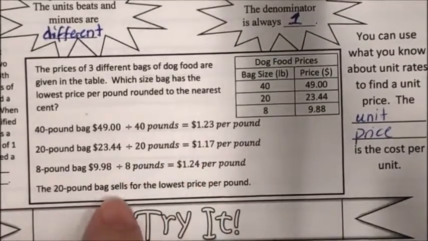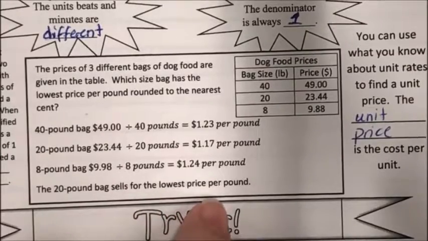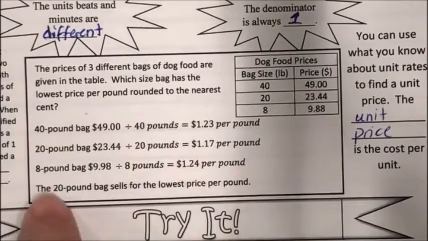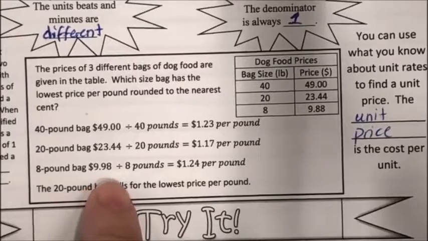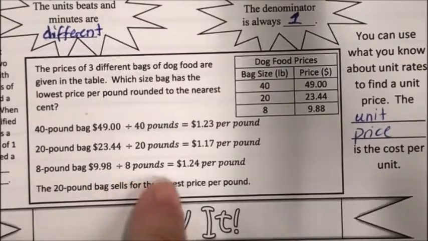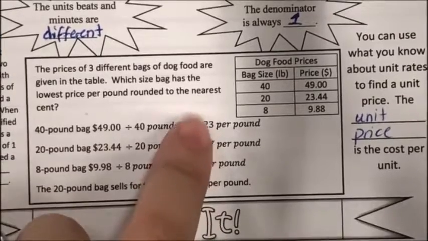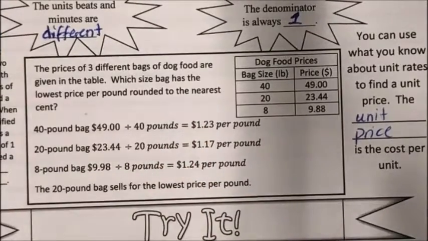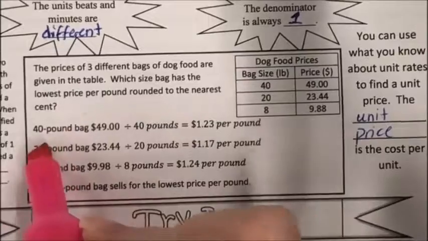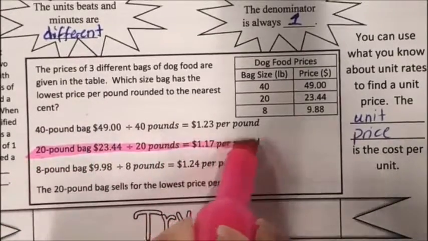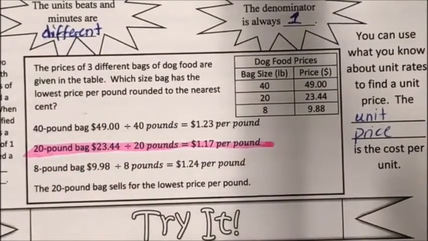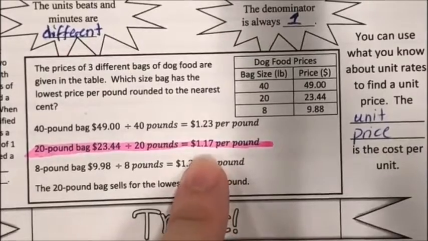And the 20 pound bag sells for the lowest price per pound, okay? The 8 pound bag sells for $9.98 divided by 8 pounds. That equals $1.24 per pound. So looking at these prices, the cheapest one is the 20 pound bag because it only costs $1.17.